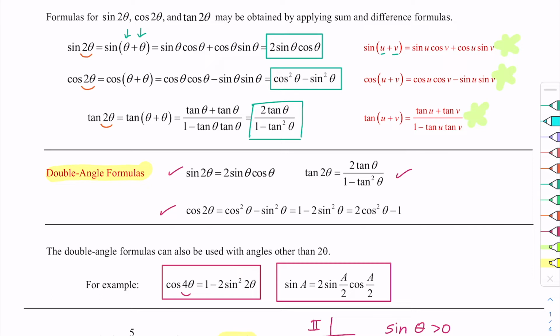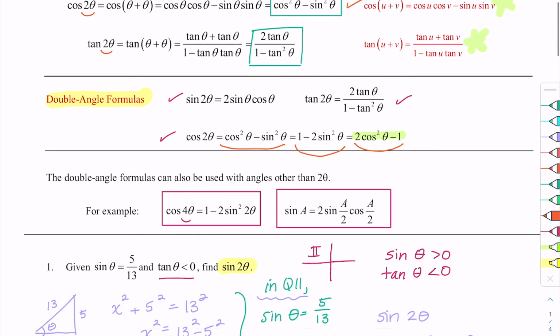And that is our third formula for the cosine of 2 theta. There's actually 3 of them. This is the one we saw here. We have one with a sine squared in it, one with the cosine squared in it, and one with both.